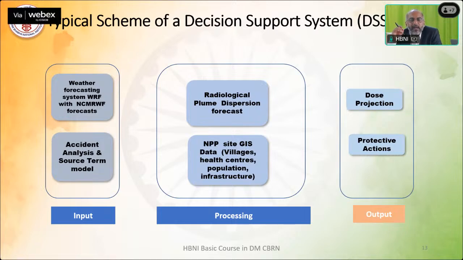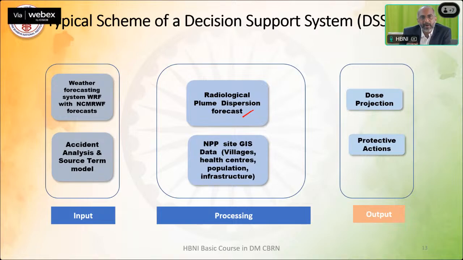As part of the processing, we have radiological plume dispersion and forecast. And then we also have certain processes to provide additional information for decision making. I will come to this a little later.